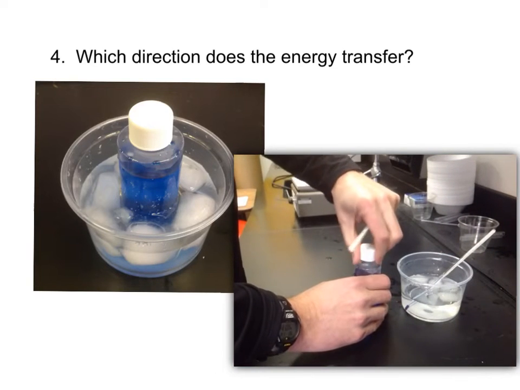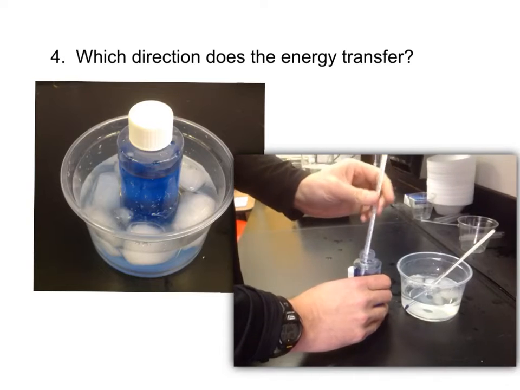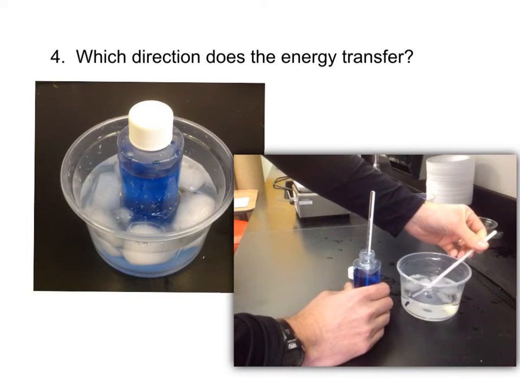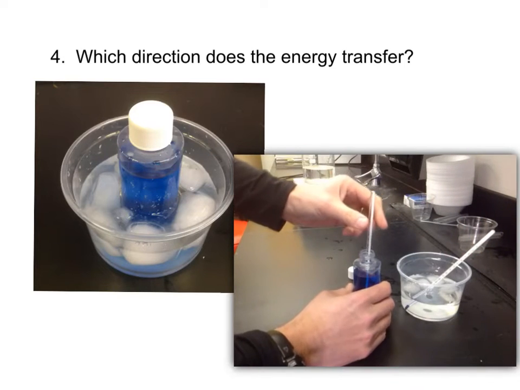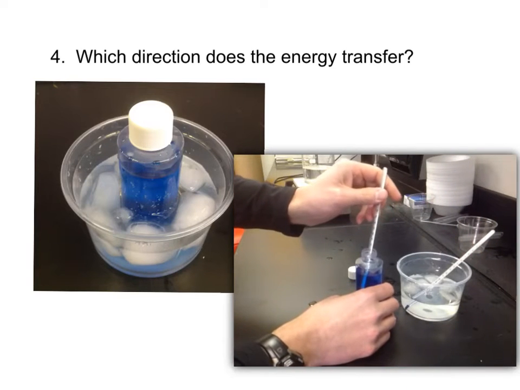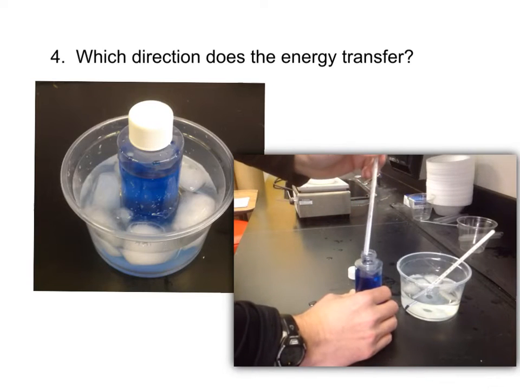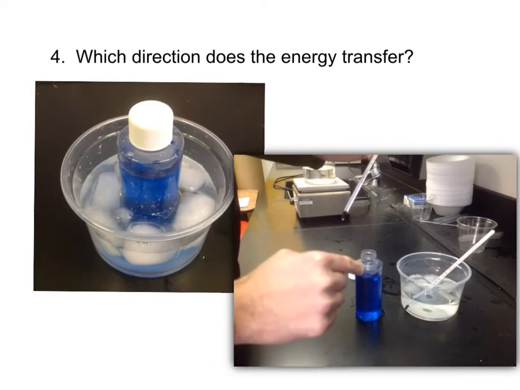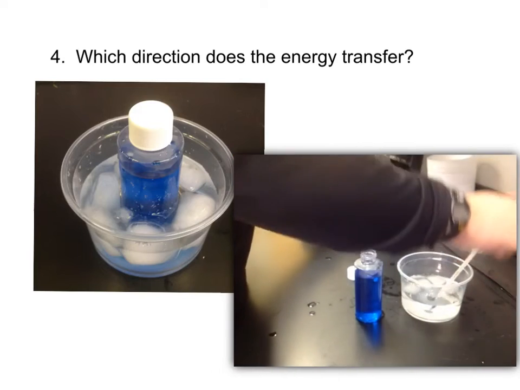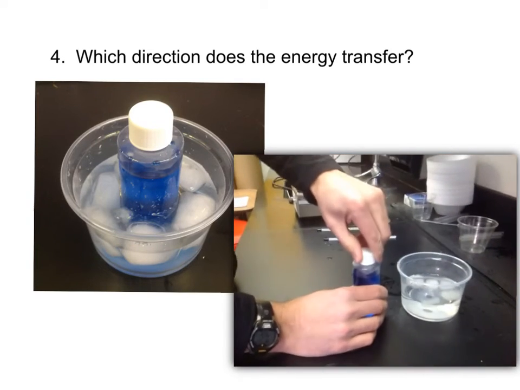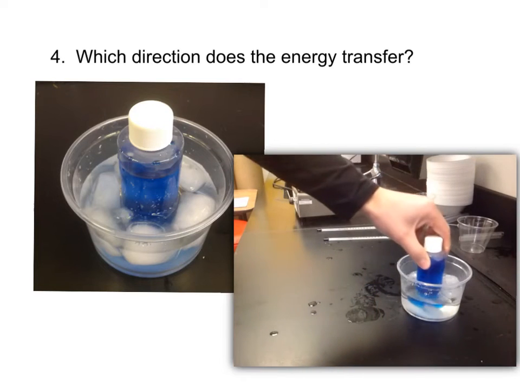In the ice bath, it looks like 5 degrees Celsius, and the liquid looks like 20 degrees Celsius. I took this right out of the warmer tap. So 20 and 5.